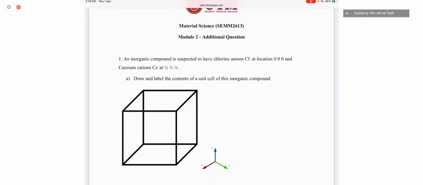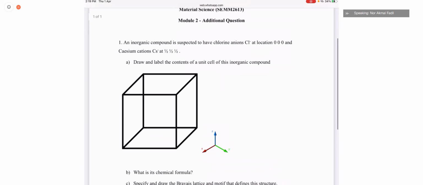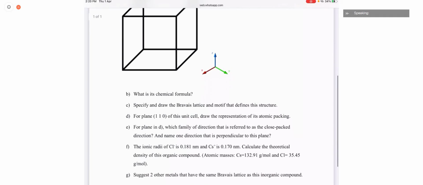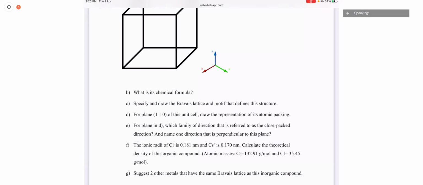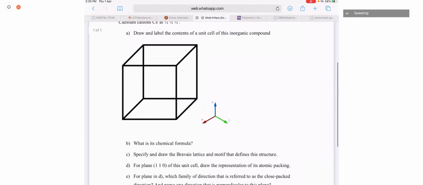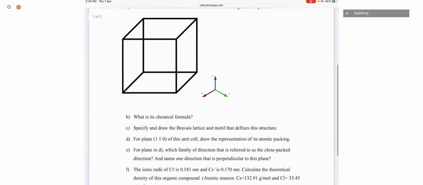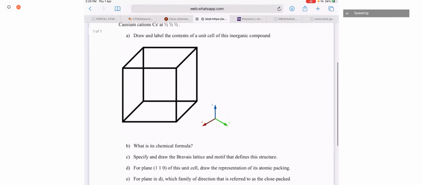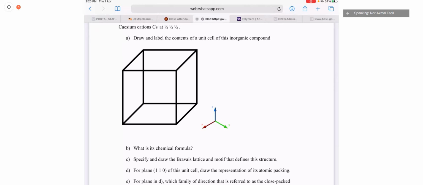You may try to solve this problem. Please have a look at the question I posted in the WhatsApp group.